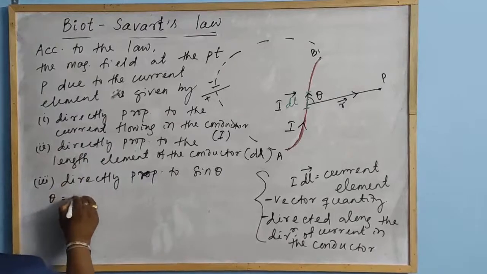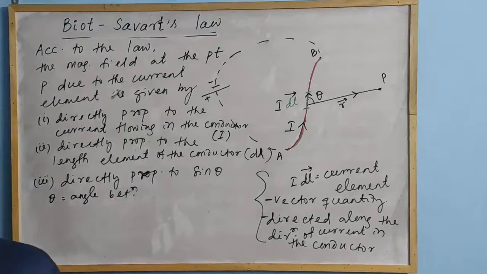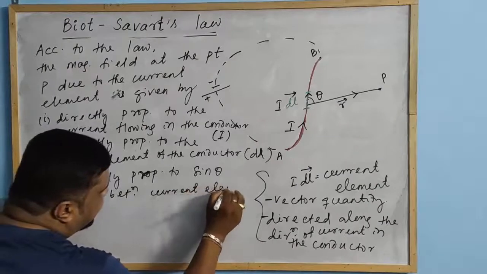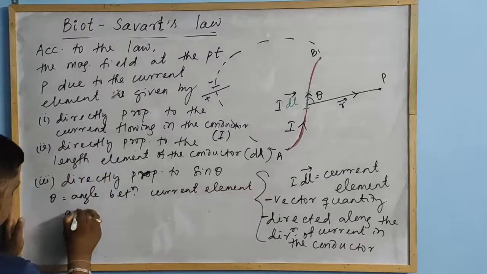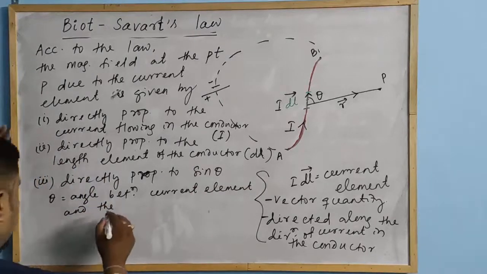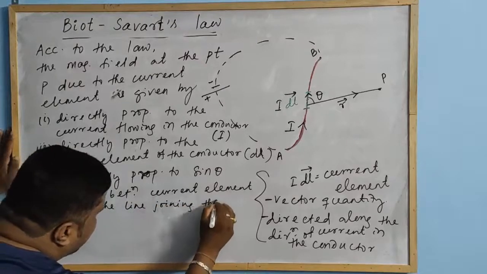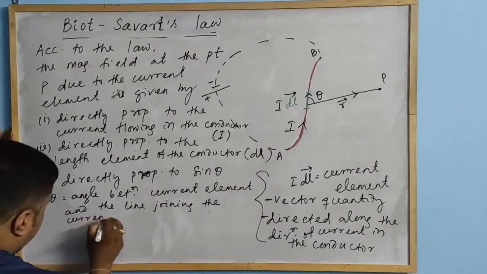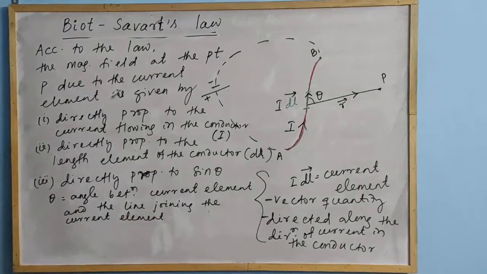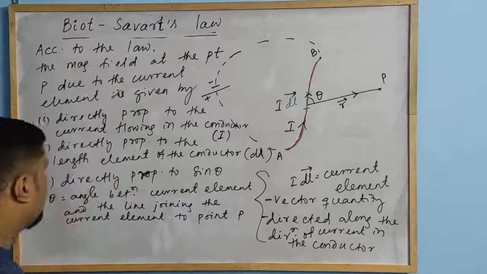Theta is the angle between the current element and the line joining the current element to point P. Clear?